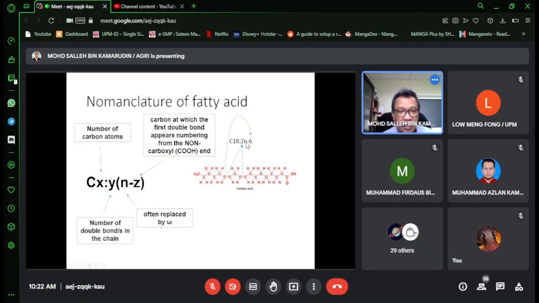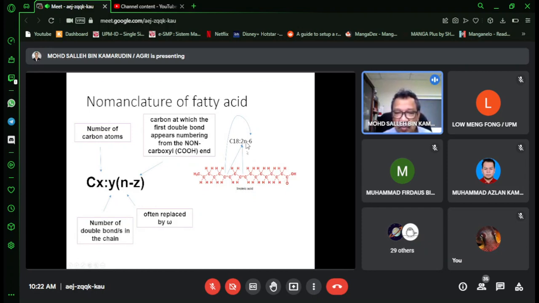And N is normally what we say, but some replace it with omega. So omega 3, omega 6 are actually N too. And then we have Z here. Z is the number of the first carbon where the double bond appears, counted from the non-carboxyl end, not from the carboxyl end.